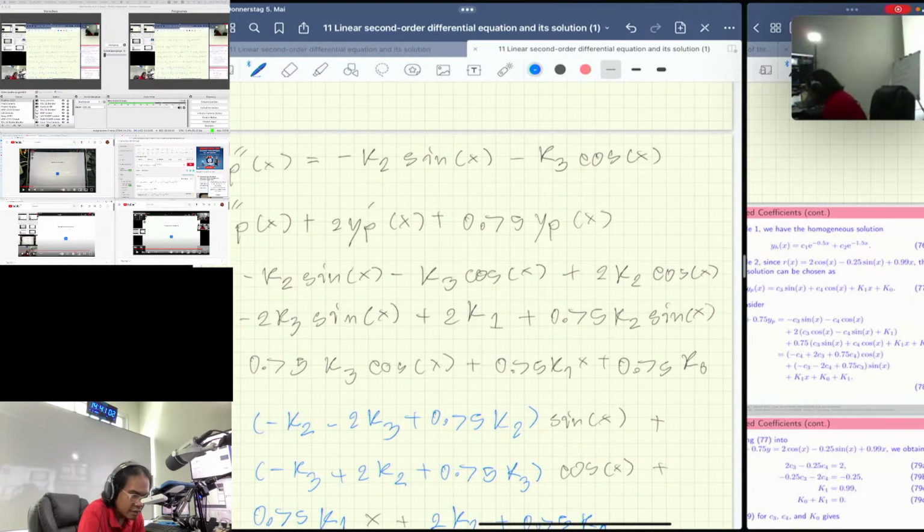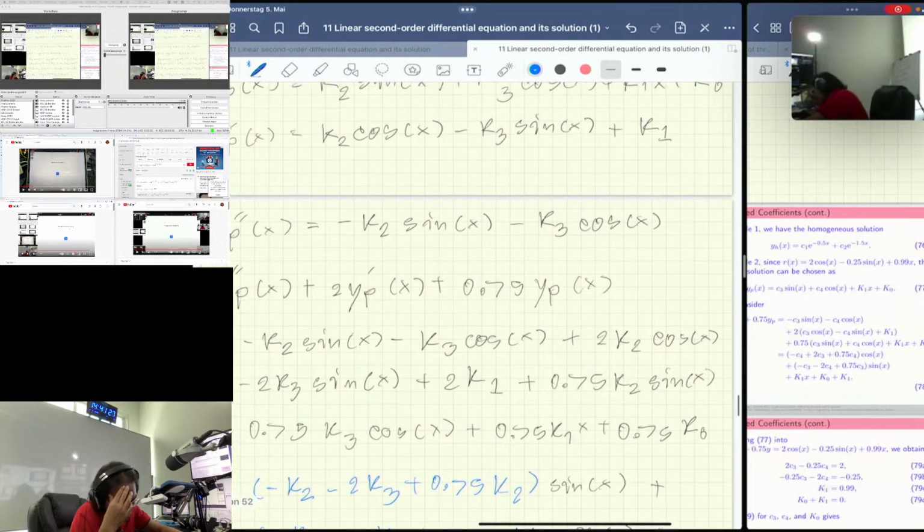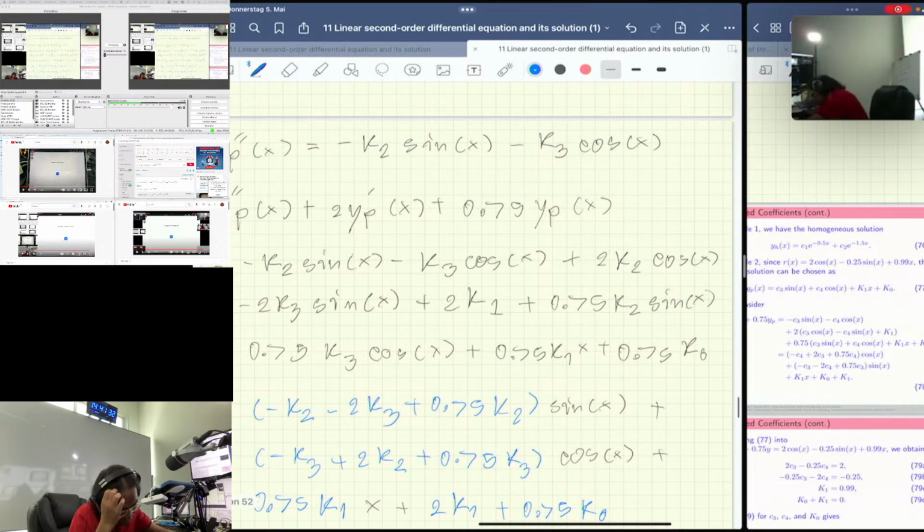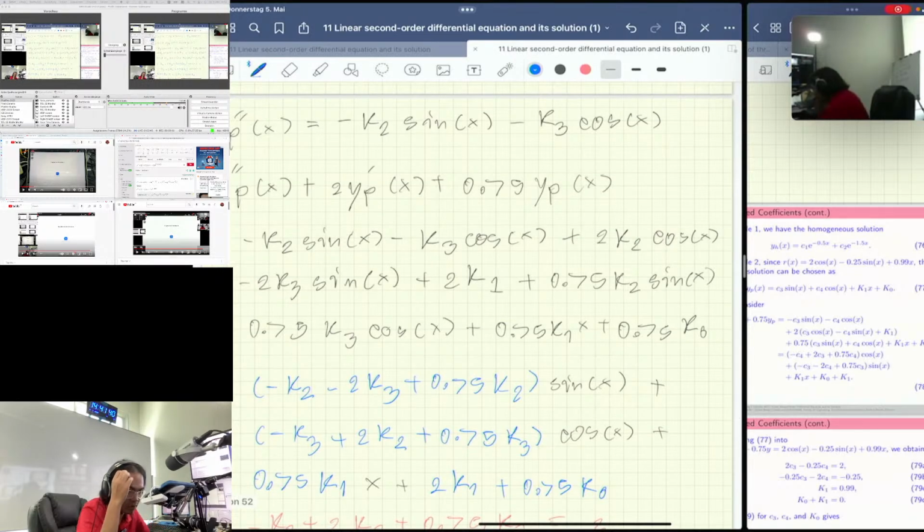Cosine term is negative K3 plus 2K2 plus 0.75 K3. C3 is K2 for us. In front of the sine term, it's correct. For the cosine term, we are also correct.